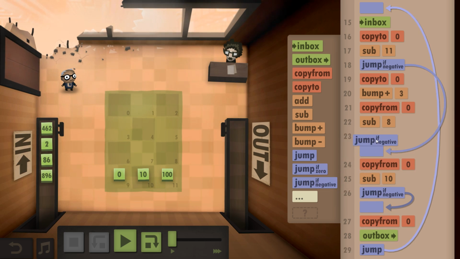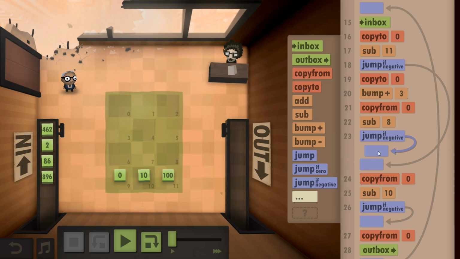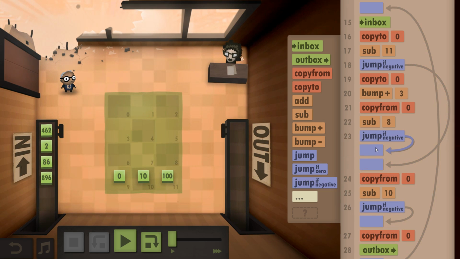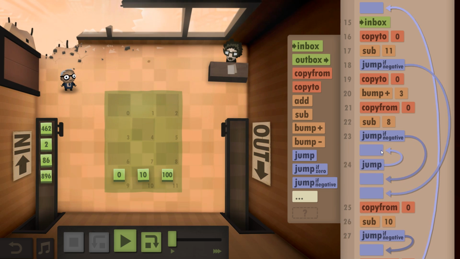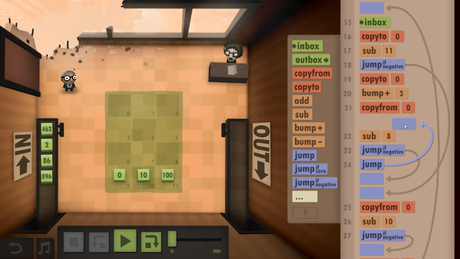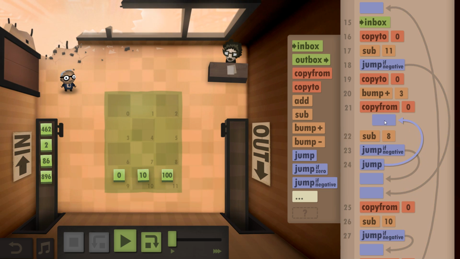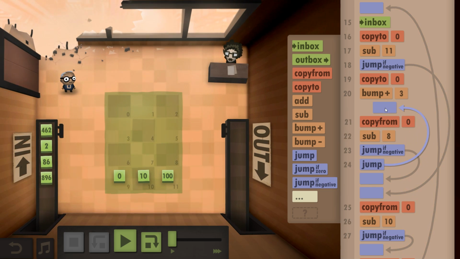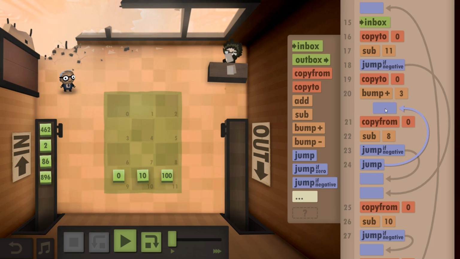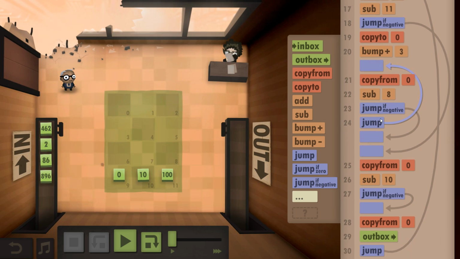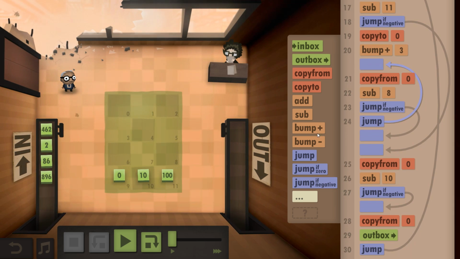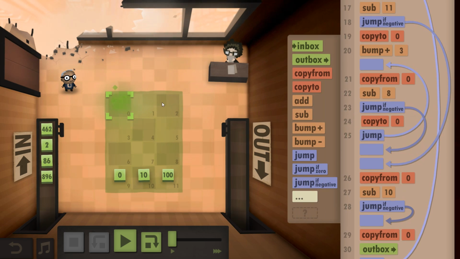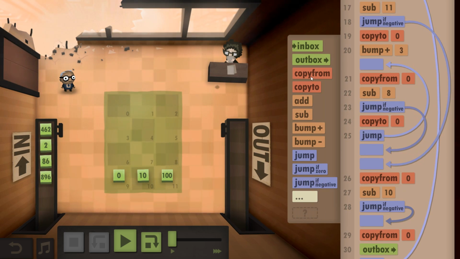If that is negative, if it's not negative, I want to save it, and I want to copy from.